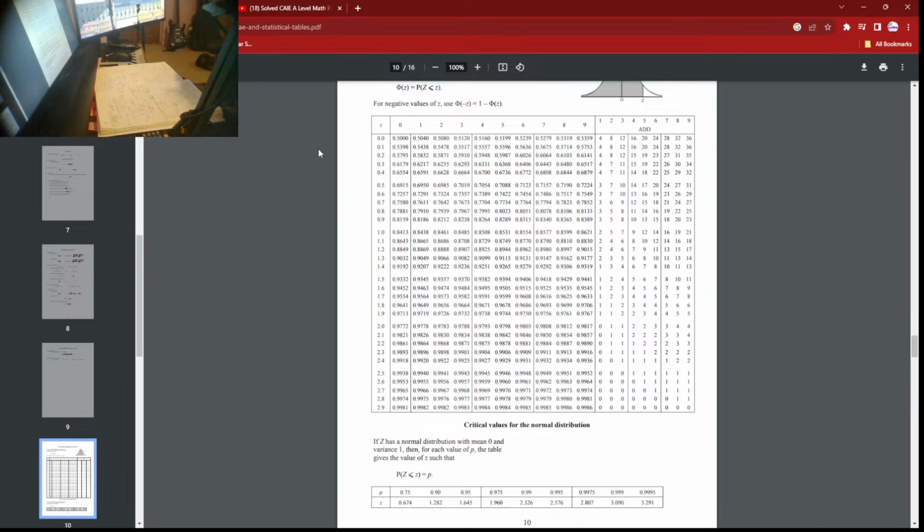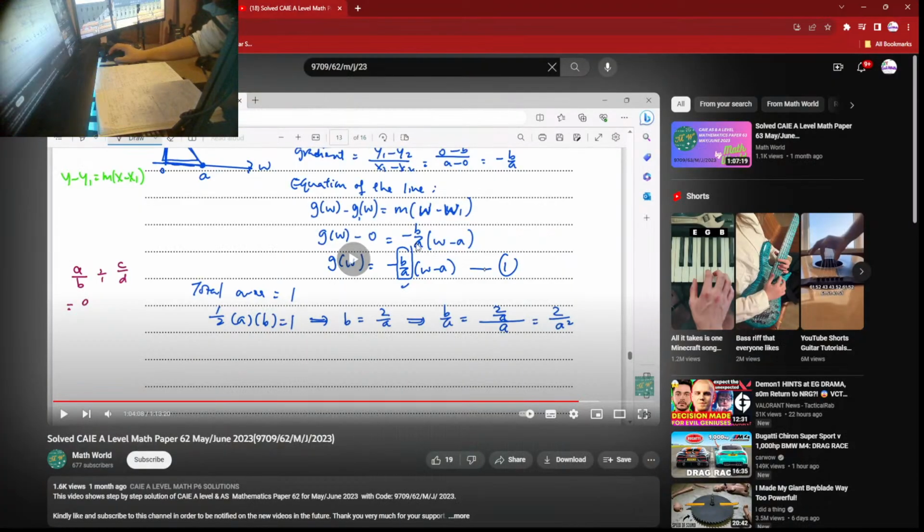It's 2 over A. So for this one, given that our value of W is 1, we should be getting a 0.5 as our function. Sorry, I don't think we can move on with this first. Sorry, let me just look at this. How would we progress?